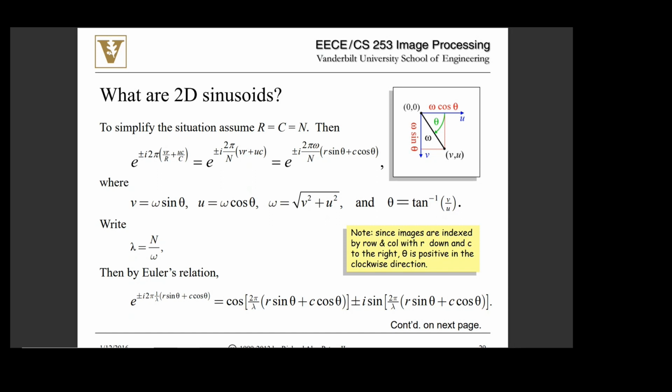If this is a complex exponential, it must oscillate, and there must be a distance between periods. So this is my distance, here is n divided by omega. And here, for simplicity, we have assumed that the number of rows and the number of columns are the same, and they are equal to n. Okay, and now my complex exponential looks like this. A little bit complicated, but it is the same that we had before.